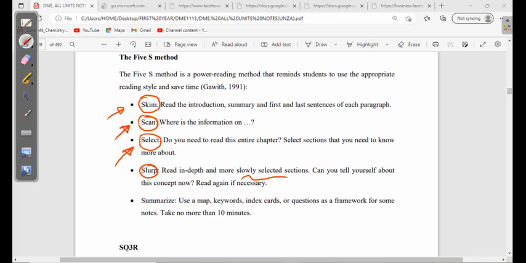If you select, then you read in detail. When you read in detail, the end is to summarize what you've read. And summarizing, you shouldn't take more than 10 minutes. So this is the 5 S's of reading. Very, very important. You need to know the letters, what they stand for, and also know the order.